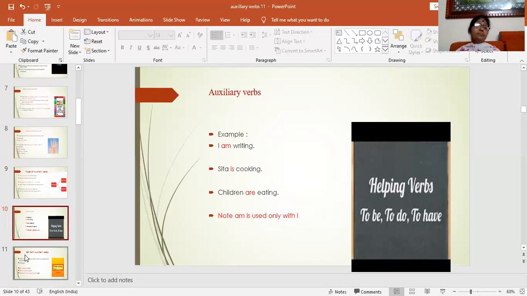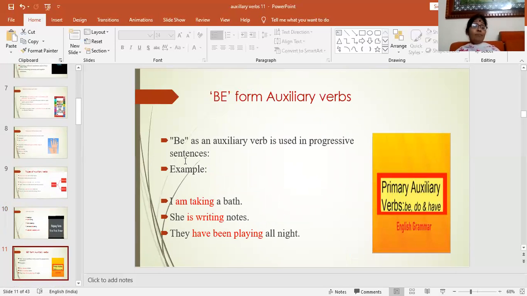Next, be form as an auxiliary verb is used in progressive sentences. The function of be form is that as an auxiliary verb, it is used in progressive sentences. For example, I am taking a bath.